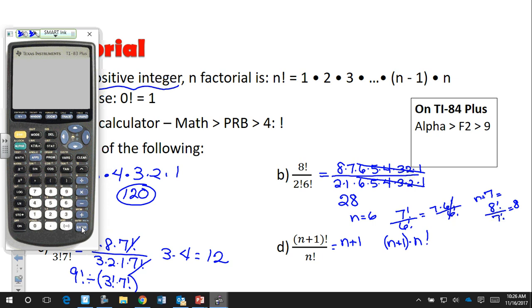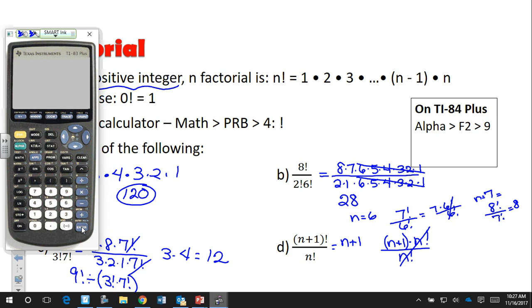Well, isn't that just n factorial? And if we divide it by n factorial, what's left? N plus 1. All right, make sense? So we've just made it much more abstract, but you could take it concrete and say, let's let n be 2, let's let n be 7, let's let n be 23, and see what happens. So far, so good? All right, so those were sequences in factorial.